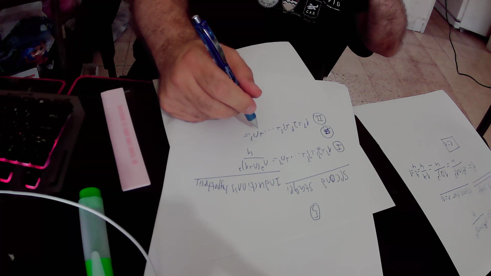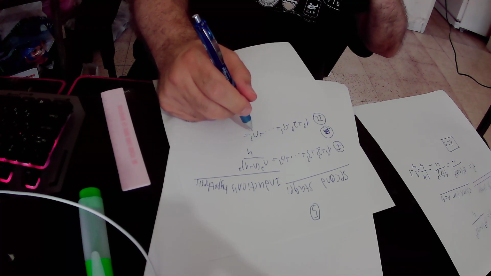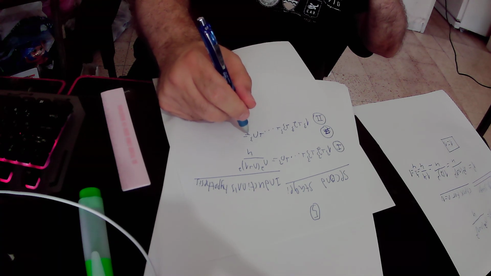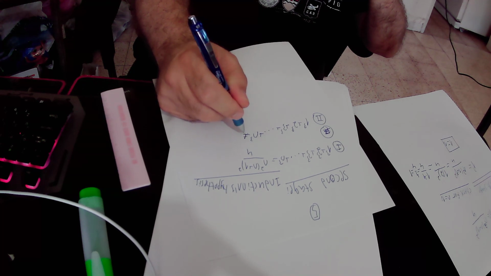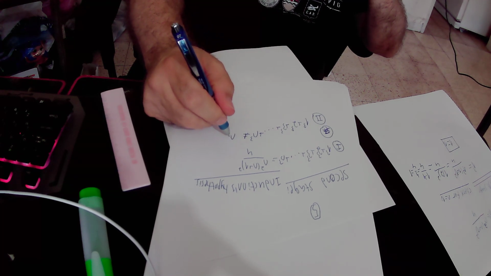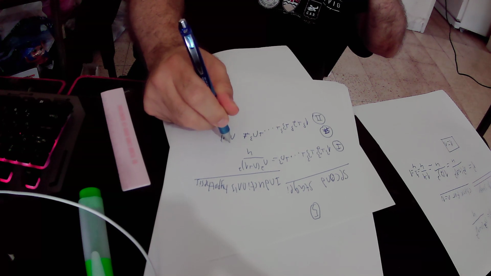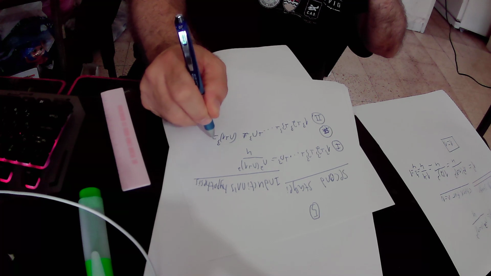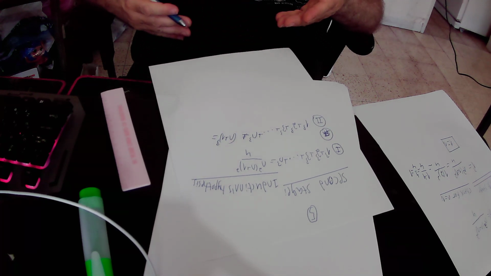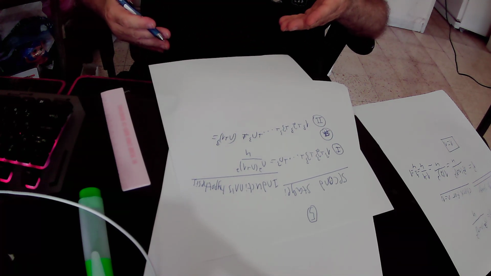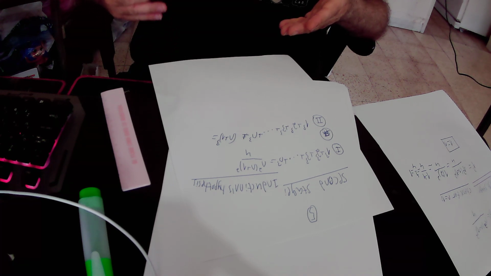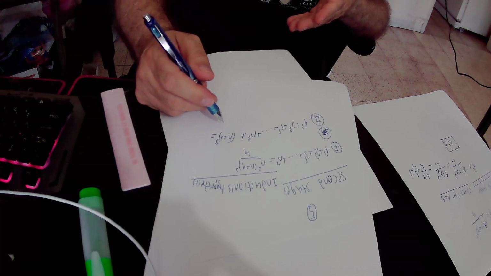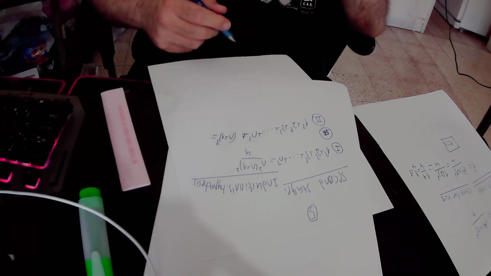The expression for n plus 1 will be 1 to the power of 3 plus 2 to the power of 3 plus 3 to the power of 3 plus ... plus n to the power of 3 plus n plus 1 to the power of 3, because the expression is for n plus 1, so we will add numbers until we arrive to n plus 1, and it also includes the n plus 1 to the power of 3.